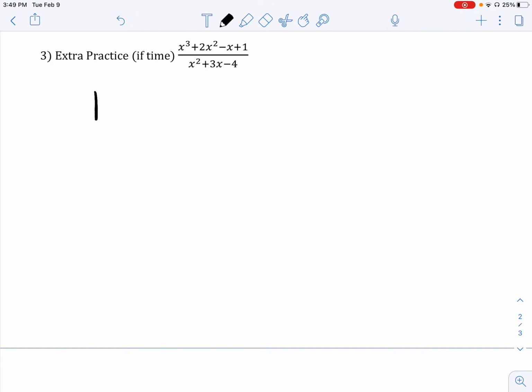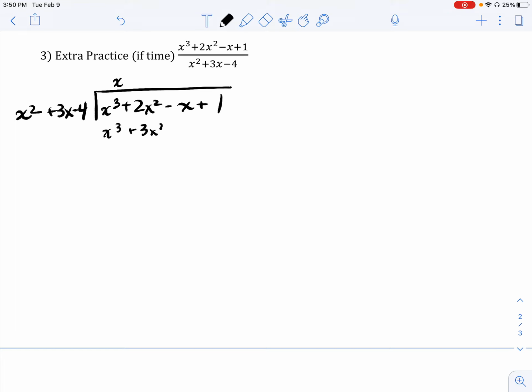But if I'm doing the long division here first, just to really quickly show you this, x squared plus 3x minus 4 would go into this polynomial x times, which would make this. And when I subtract those rows, I'm left with negative x squared plus 3x plus 1. So then I'm going to multiply this out here by -1.